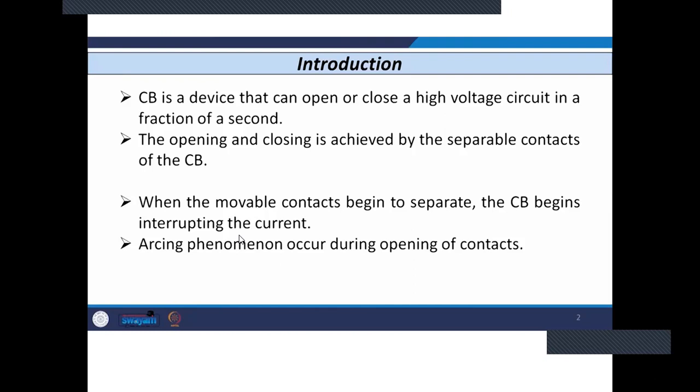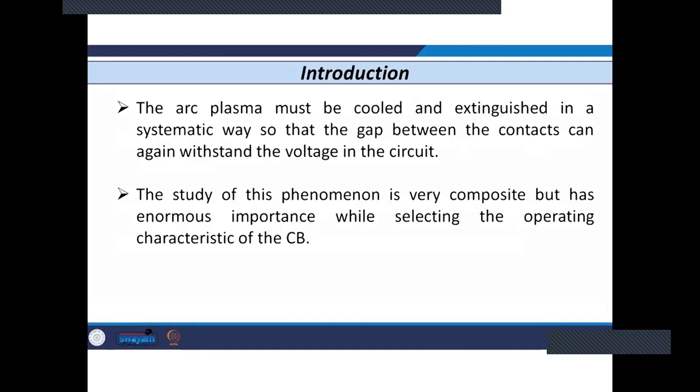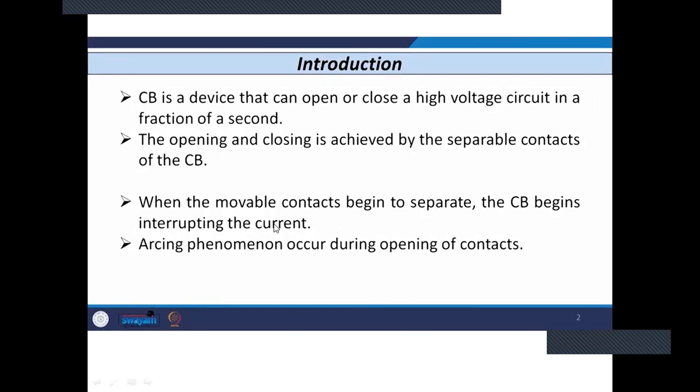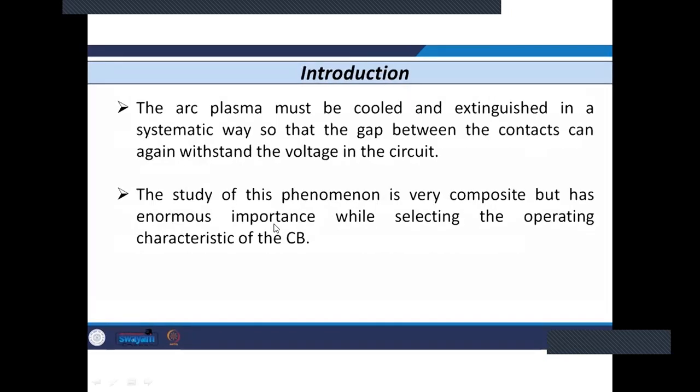The arc plasma must be cooled and extinguished in a systematic way so that the gap between the contacts can again withstand the voltage in the circuit. There must be some mechanism so that the voltage does not restrike after opening the contacts.